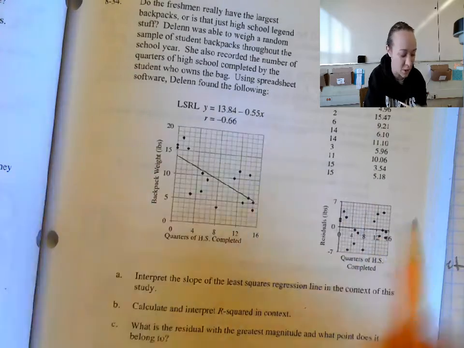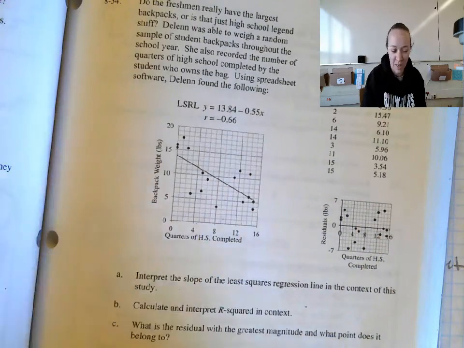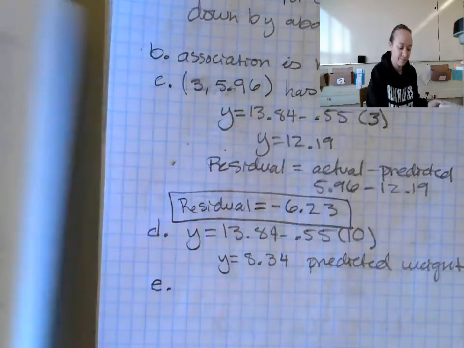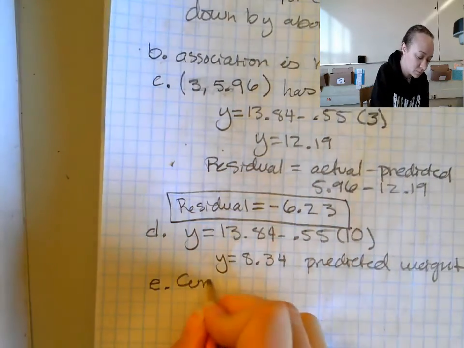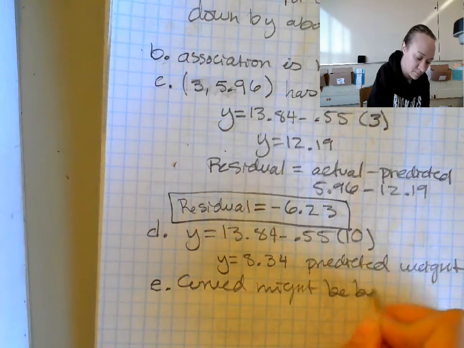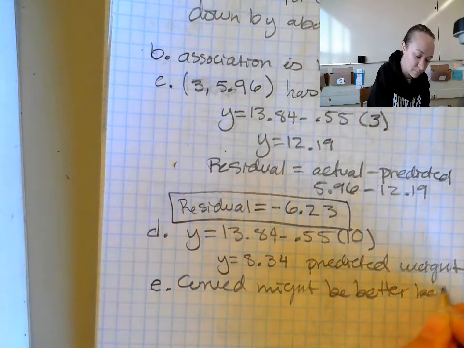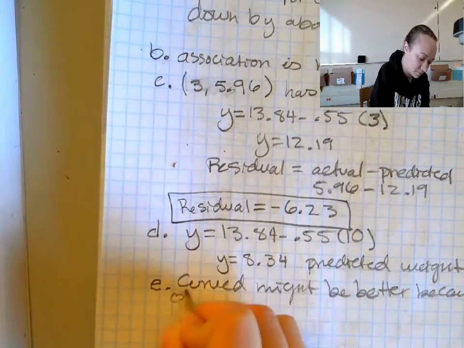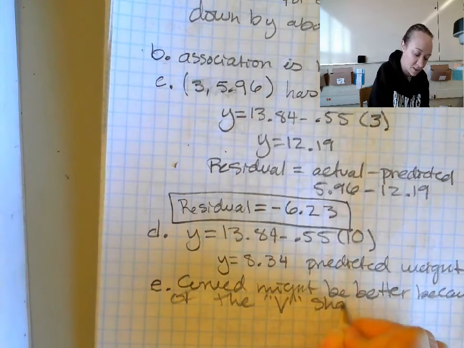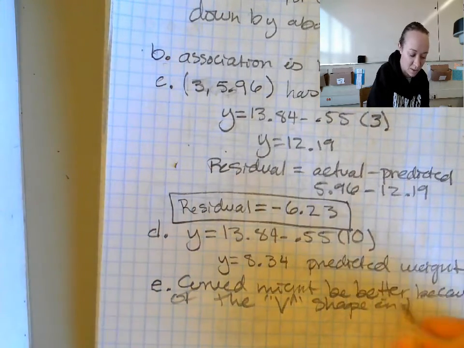It's a little bit hard to tell, especially because the association is so poor, but I would say that a curve model might be better, because of the V shape in the residual plot.